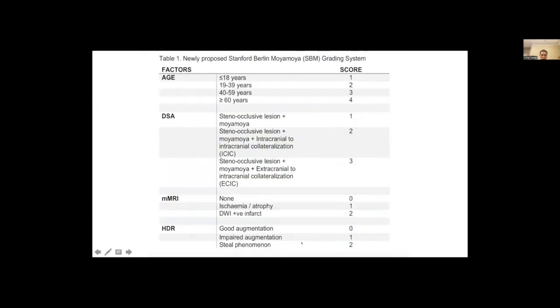And this is now, therefore, the newly proposed Stanford Berlin Moyamoya grading system, where we take into account a patient's age and assign them scores, the angiographic finding in 3 simple categories, MRI finding in 3 categories with positive DWI infarct within 30 days of bypass getting 2 points, and then the hemodynamic reserve score, regardless of the modality imaging to assess the hemodynamic reserve.